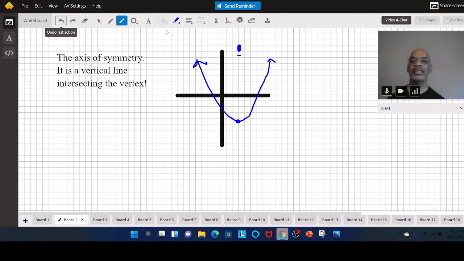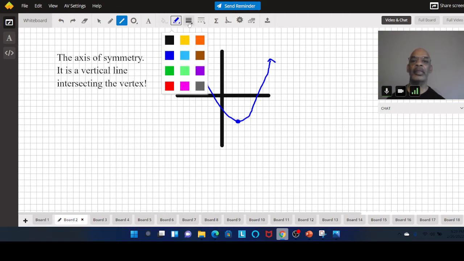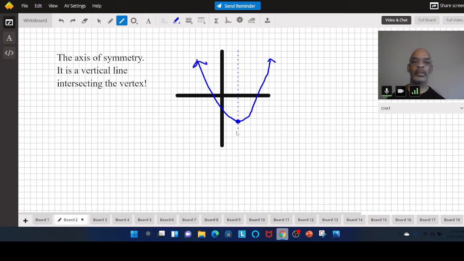You don't actually graph it; you don't want to go bold. This is where the parabola will be split in half. The axis of symmetry goes to the vertex. It's identified with x equals, and in this case, we could say it's x equals 3 for our sketch.